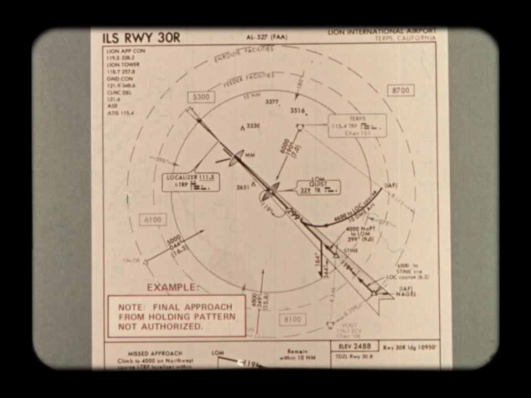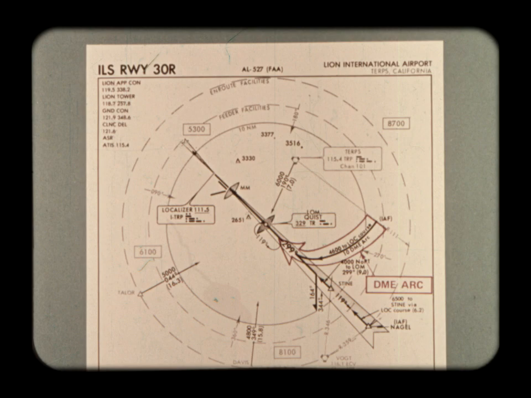A straight-in approach from the holding pattern is approved for this particular approach. If there are restrictions to the approach or special instructions, a note or caution would appear in an open area of the plan view.